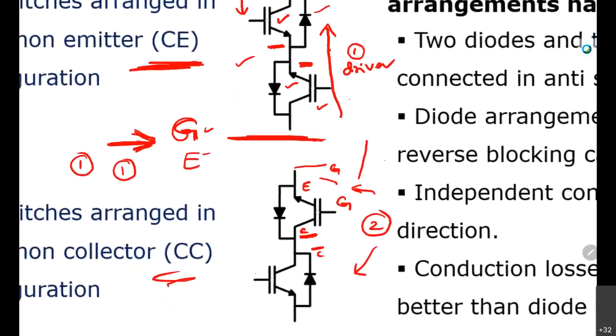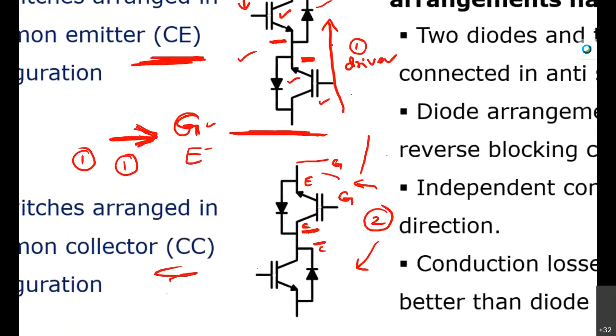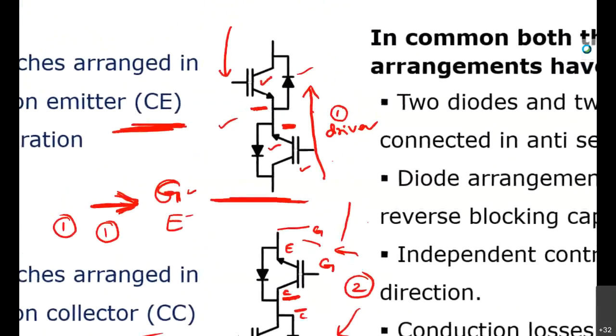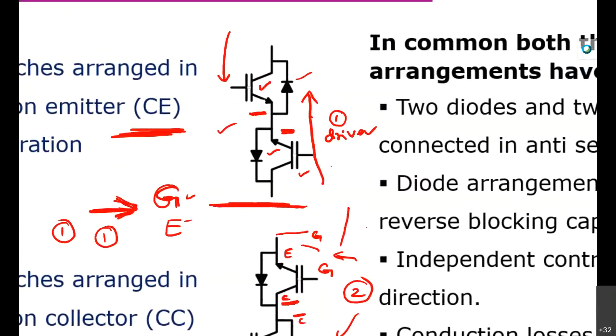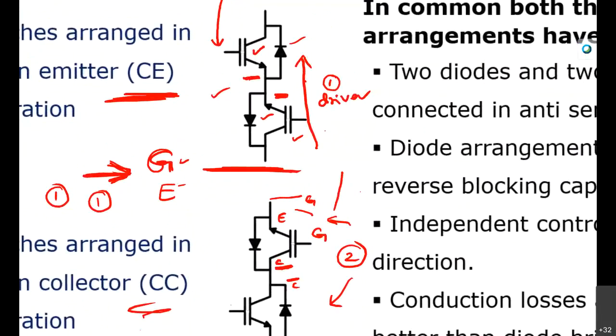We reviewed three types. One is the bridge type, where we require one IGBT and four diodes, so two diodes and one IGBT are conducting. Whereas in common emitter and common collector, one IGBT and one diode are conducting.